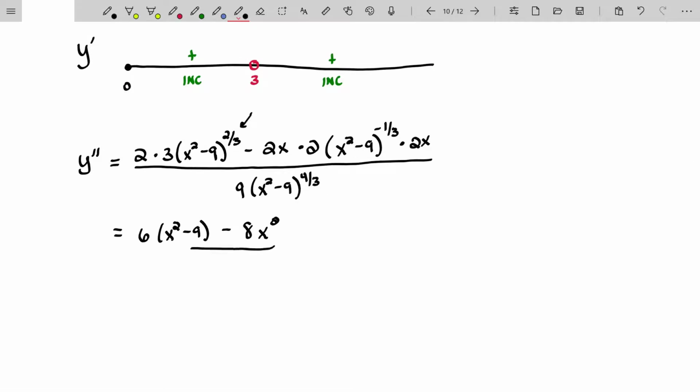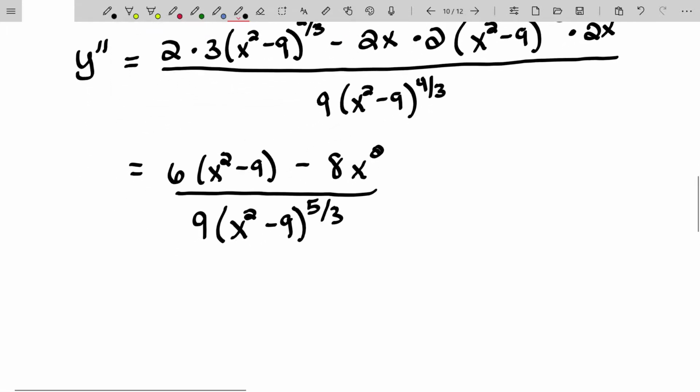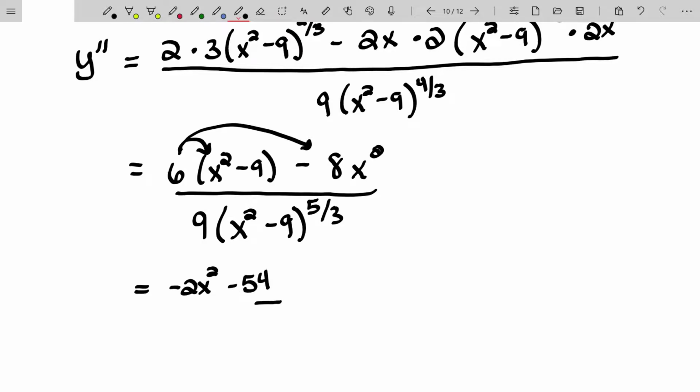Downstairs, we're adding 1/3 to its power as well. So let's go ahead and do that. (x squared minus 9) to the 5/3. Final cleanup phase. 6x squared minus 8x squared is a negative 2x squared. Minus 54, all over 9 times (x squared minus 9) to the 5/3.